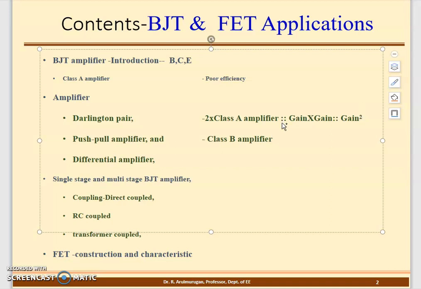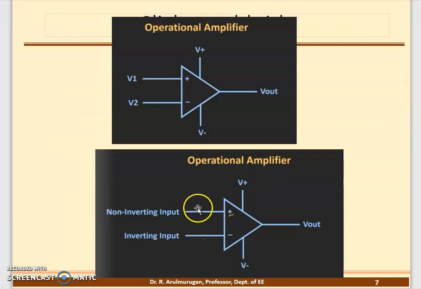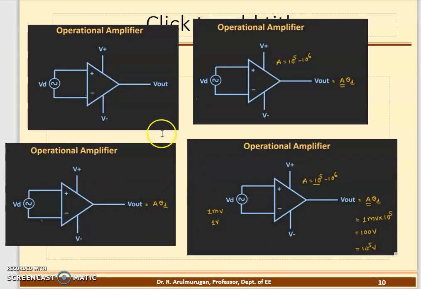Then the class B amplifier is called a push-pull amplifier. Then another one is called a differential amplifier. Differential amplifier is the same as what you have seen for the op-amp. You can also call it a comparator.